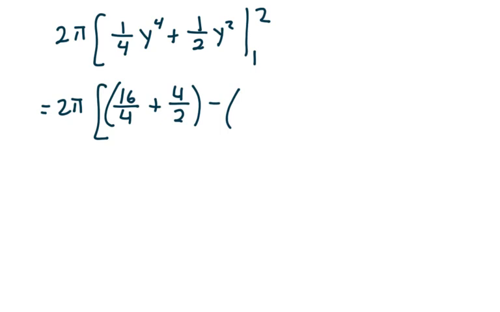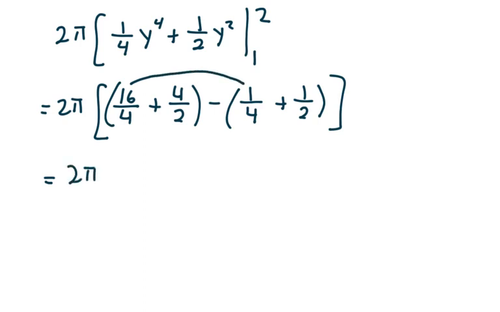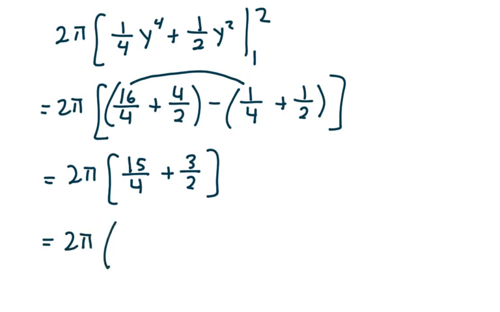And then I'm going to subtract 1 over 4 plus 1 over 2. And so 16 over 4 minus 1 over 4, that's 15 over 4. 4 over 2 minus 1 over 2 is 3 over 2. And so this looks like 2 pi times 21 over 4.